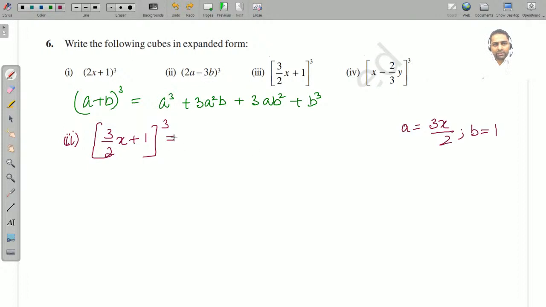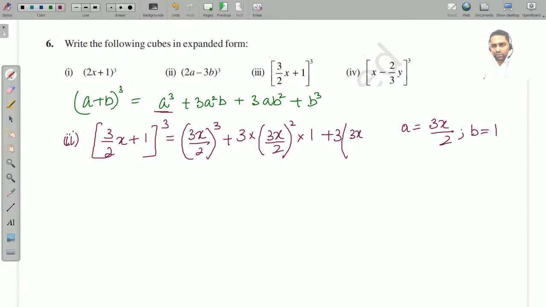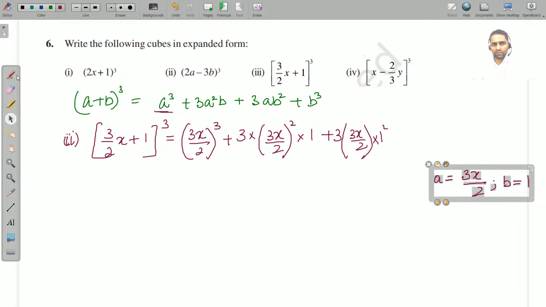a plus b whole cube, and we are going to plug in the values of a and b. What is a over here? That is 3x upon 2 whole cube, plus 3 times 3x upon 2 whole square times b, which is 1, plus 3 times 3x upon 2 times 1 square, plus b cube, that is 1 cube.